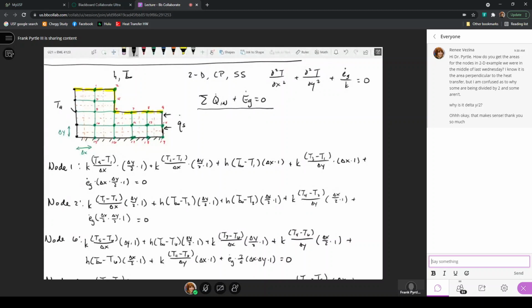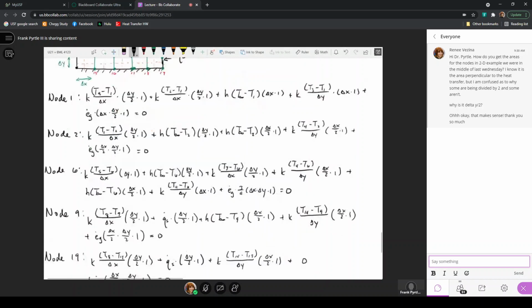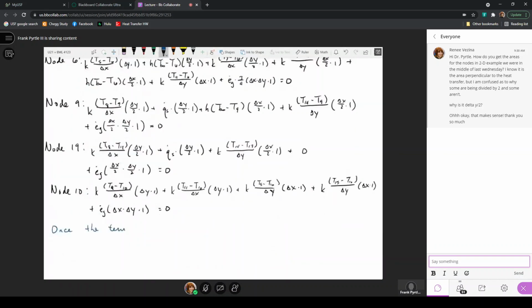Well, the heat transfer rate by convection, let's say once the temperatures are calculated, that heat transfer rate through the top surface would just be equal to the sum of the heat transfer rate for each of those nodes. And that heat transfer rate would be by convection.